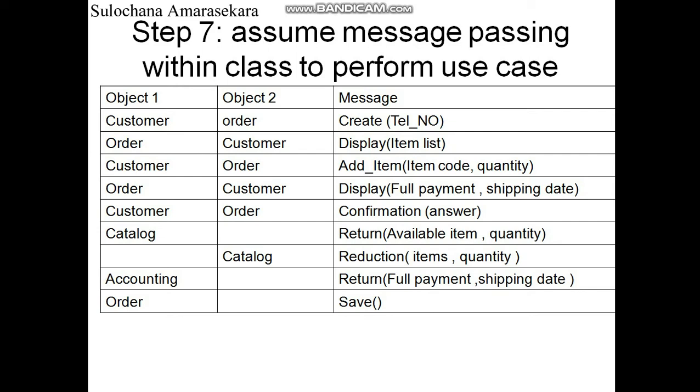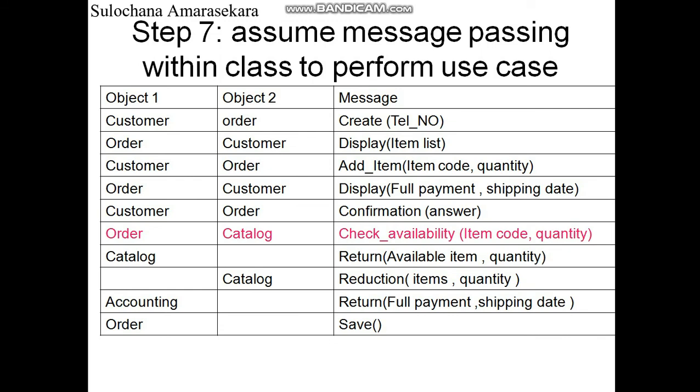According to this, the catalog must get some order from the order class to check the availability. Because of that, I assume the order class sends a checking availability message with item code and quantity to the catalog class. If so, the catalog class must return the available item and quantity to the order class.